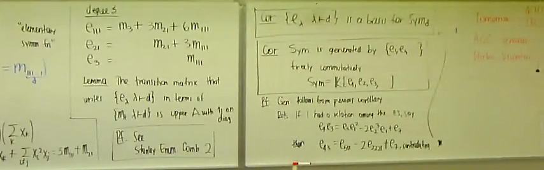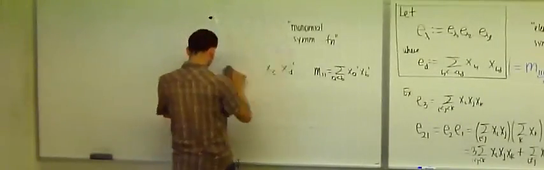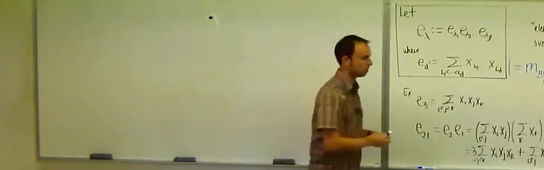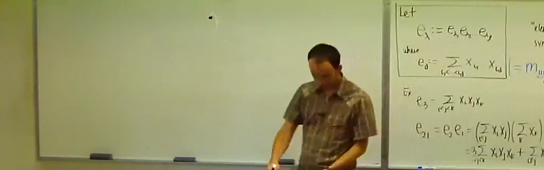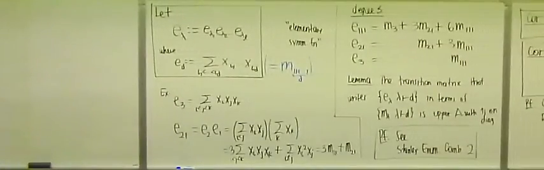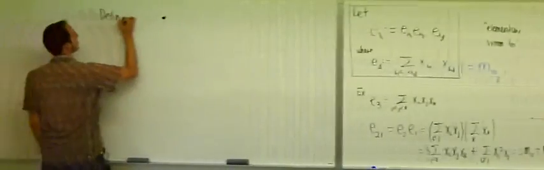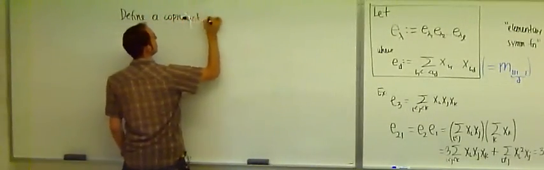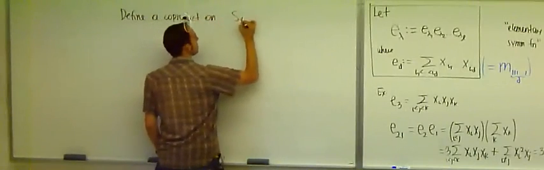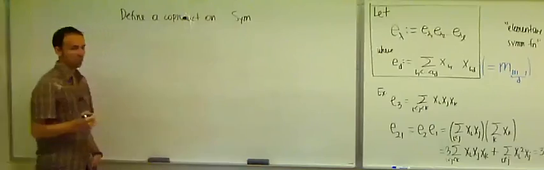So let's go now to the coproduct, because we want to do Hopf algebras here. So we're going to define a coproduct on symmetric functions so that we can get a Hopf algebra out of it.